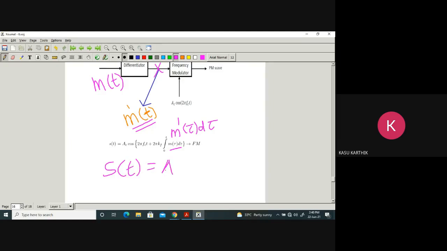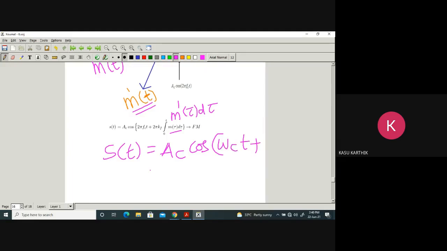What output do you get? Ac cos(omega c t plus 2 pi kf m of t). But this is similar to what equation? Phase modulation, except for the constant. No problem.